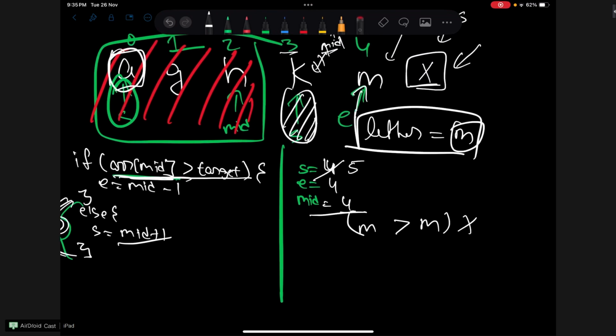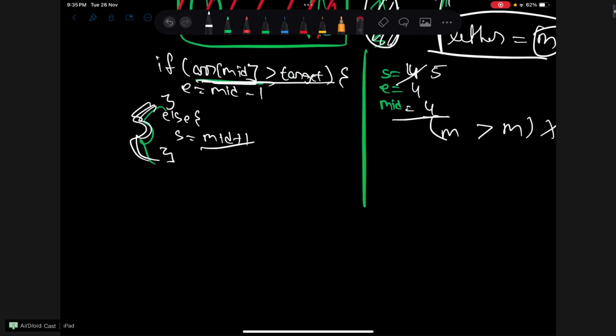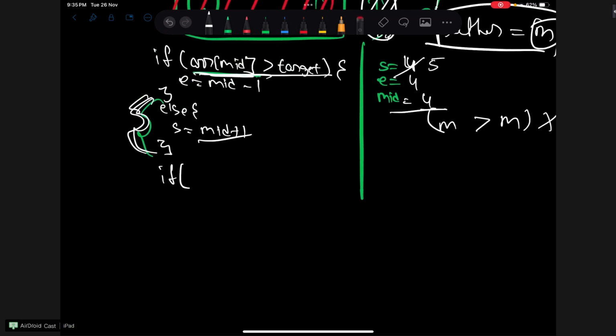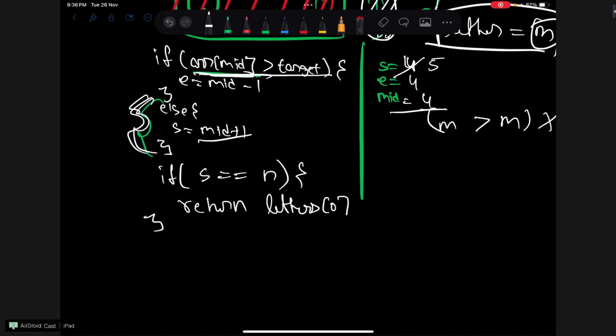Code wise, we can handle this using if s equal length of the array, that means we have to return the first letter of 0. Otherwise we have to return letters of s. So that will contain our answer.